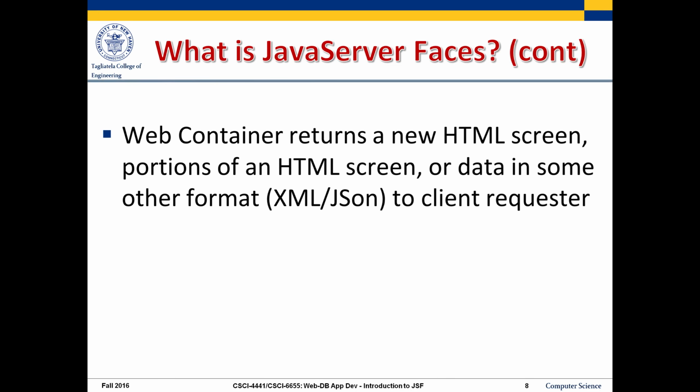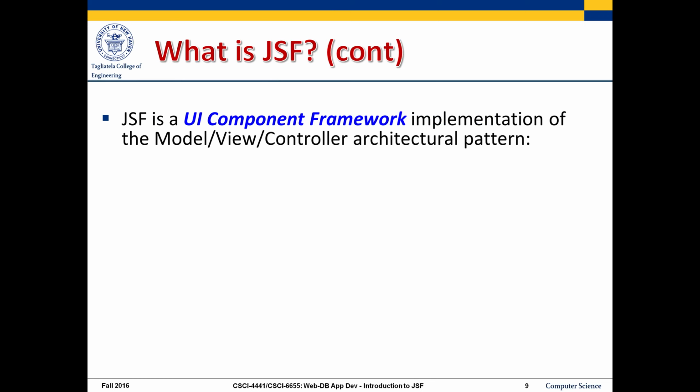The web container returns from that a new HTML screen, or perhaps pieces of HTML, or even data in some other format such as XML or JSON to the requester. This continues the cycle, and then the client uses the JSF-created buttons, links, etc. that they see in their browser to send the next round of data back to the server side, usually using either HTTP POST or GET verbs.